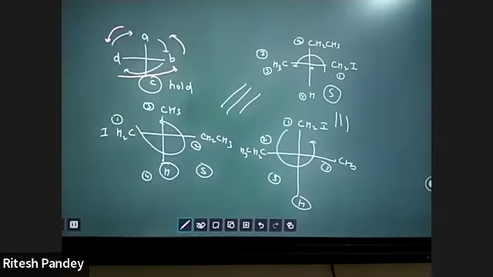Let's talk about the fourth one now. These many rules are enough for us to identify identical, enantiomers and diastereomers compounds.